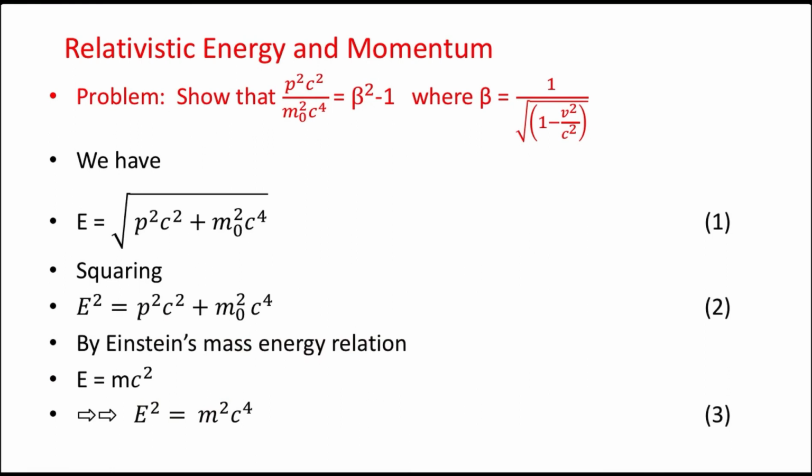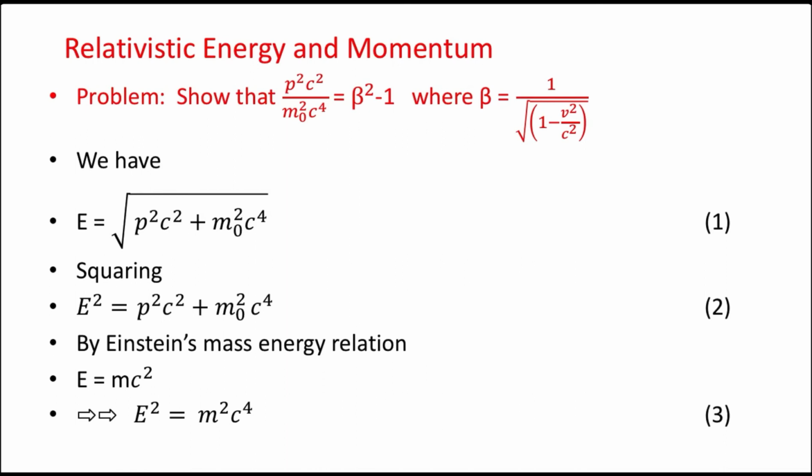Now here is a problem: to show that p square c square upon m0 square c raised to the power 4 is equal to beta square minus 1, where beta is equal to 1 upon under root of 1 minus v square upon c square.